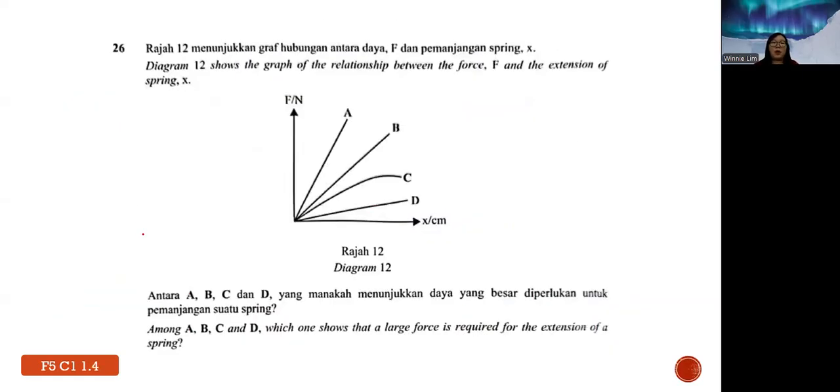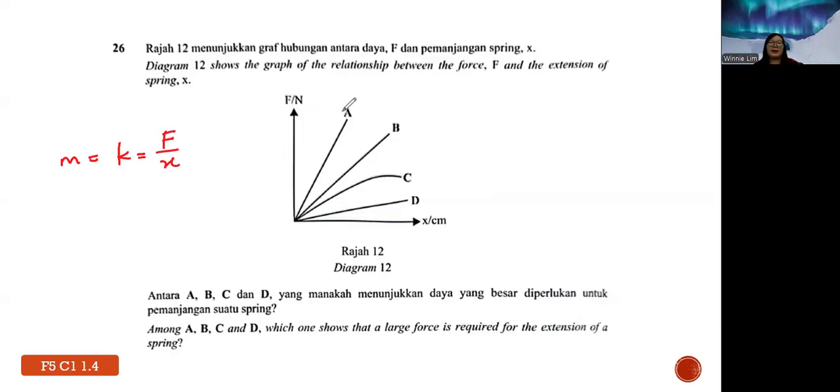26. Diagram 12 shows the graph of the relationship between the force and the extension of spring X. Among A, B, C, and D, which one shows that a larger force is required for the extension of the spring? So this is a force versus X graph, and the gradient refers to the spring constant, equal to force per unit extension.